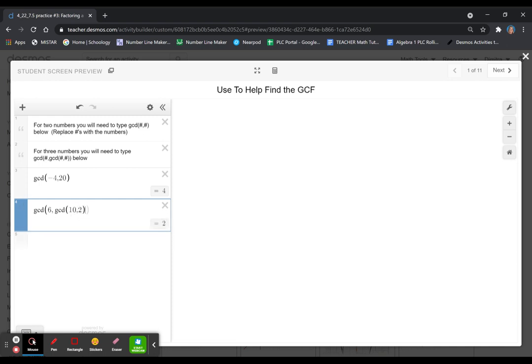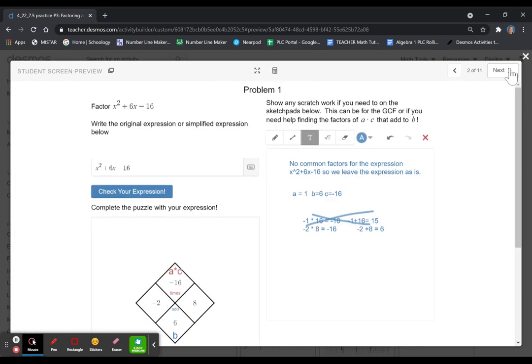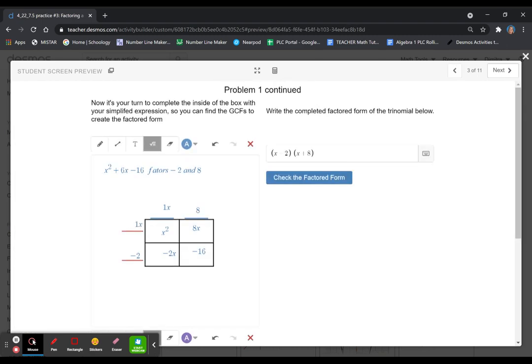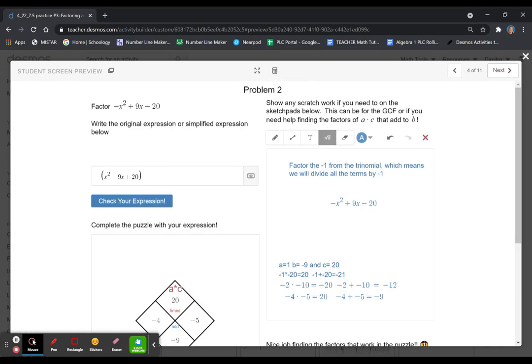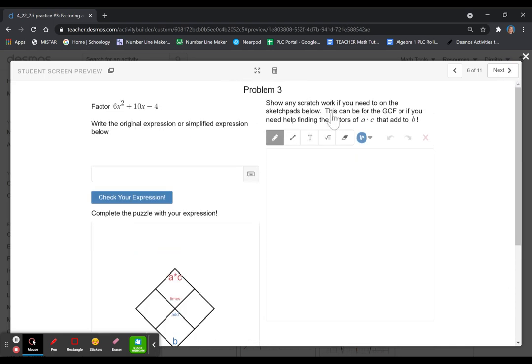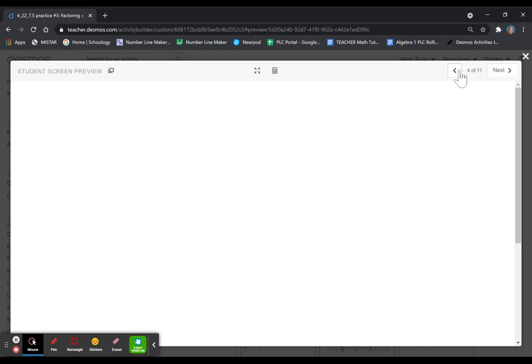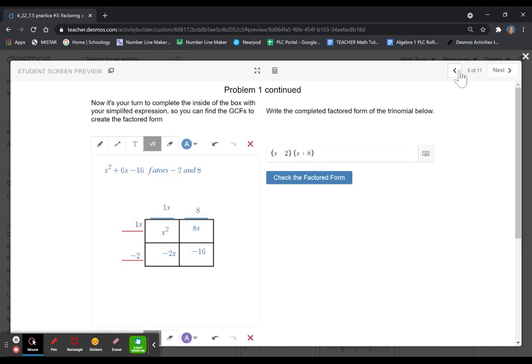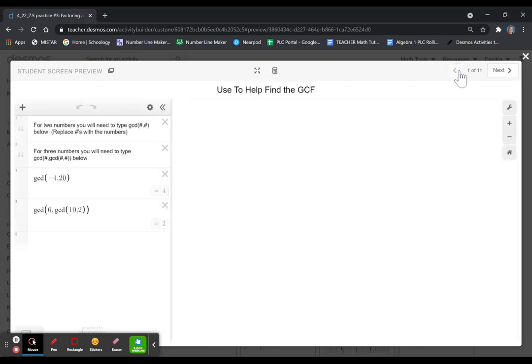All right, so the GCD of 6, 10, and 2 is 2. Oh, and 4. Oh, let's go back. 6, 10, and 4. See, that's why you take pictures, so you don't have to keep doing this. 6, 10, and 4. It's still 2.